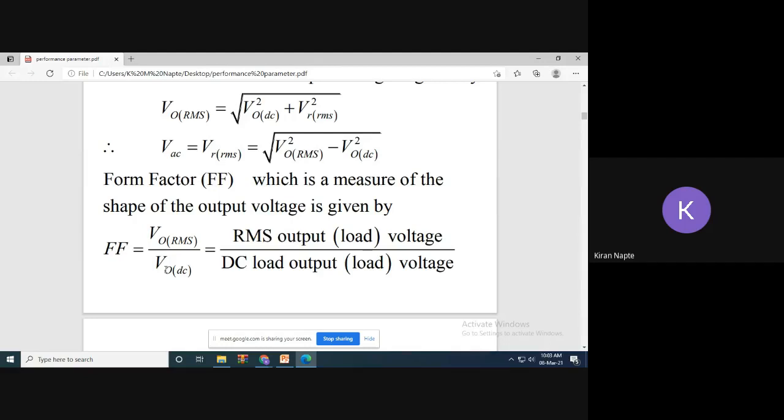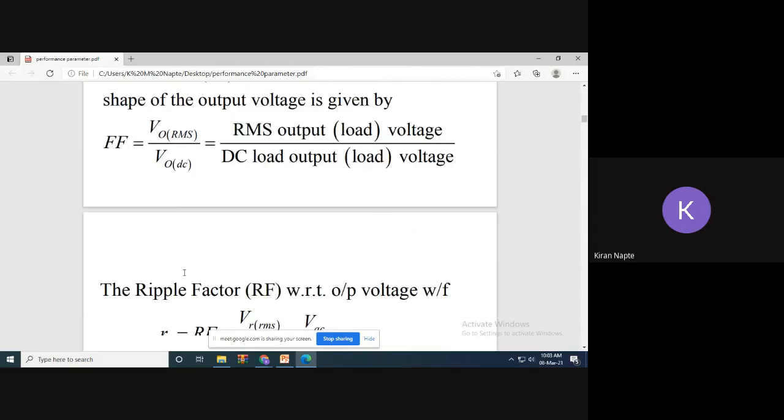But to find this form factor, we require two values. First is RMS output voltage and another is DC load output voltage. Once we know the DC output voltage, we can find the RMS value from this VODC. Okay, so we can find out form factor.